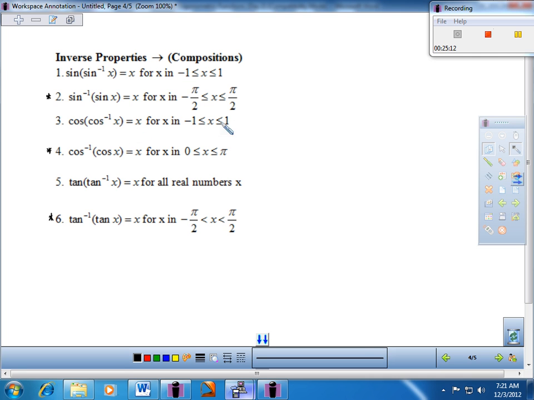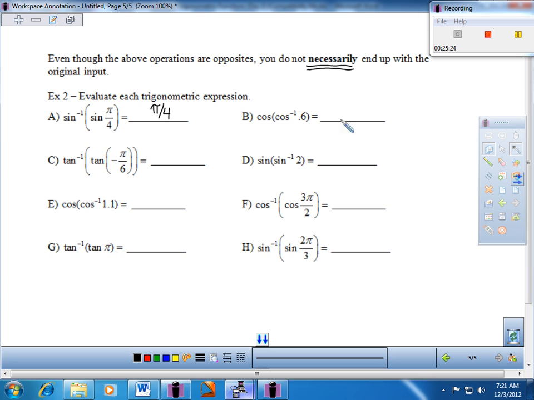Is that a ratio in between -1 and +1? Absolutely. And as a result, because 0.6 is a good cosine ratio, taking the inverse cosine of 0.6 and then the cosine of that answer brings us back to the beginning. And so that's 0.6.